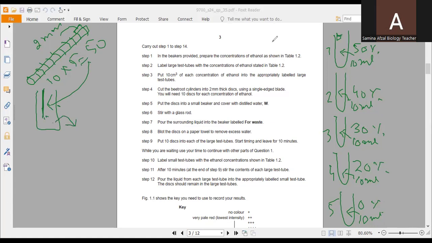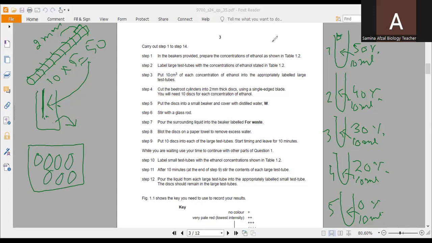Blot the discs on a paper towel to remove excess water. You can take a paper towel, put these beetroot discs on it and blot them. Then put 10 discs into each of the large test tubes.